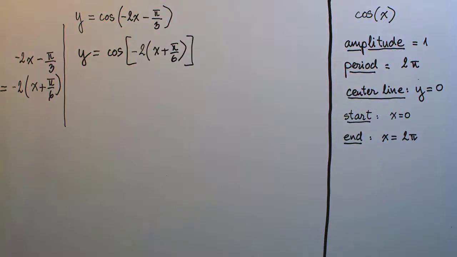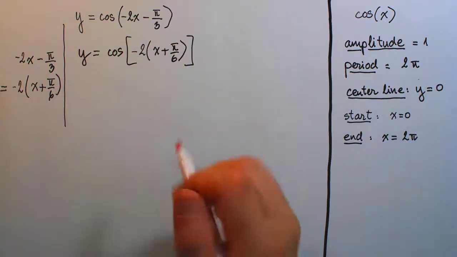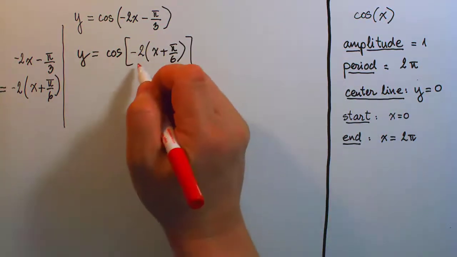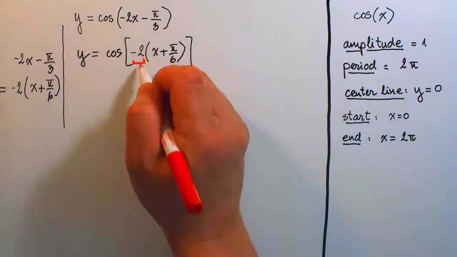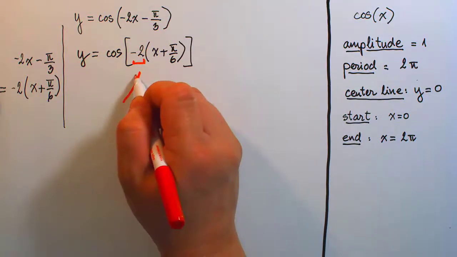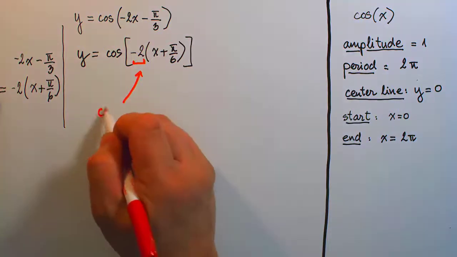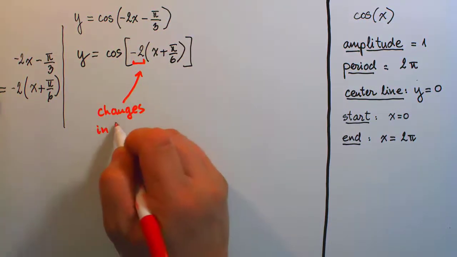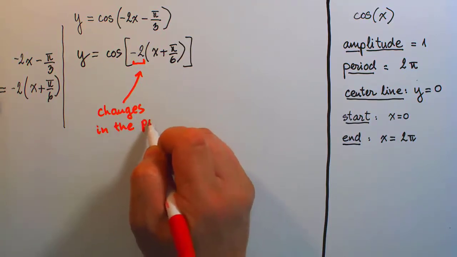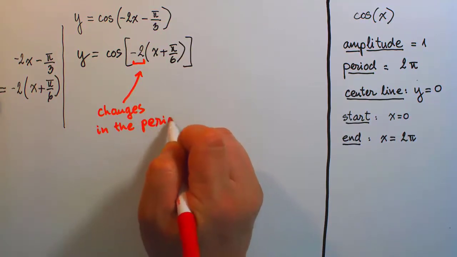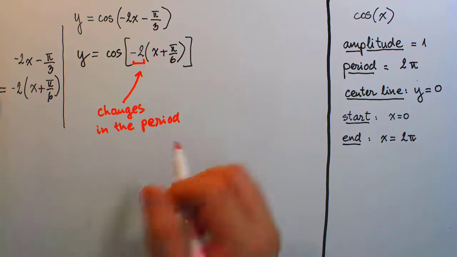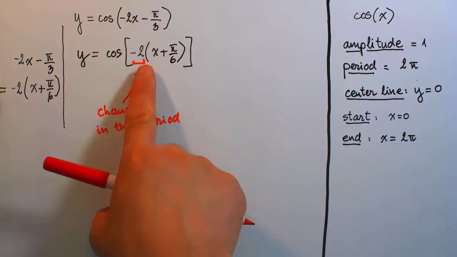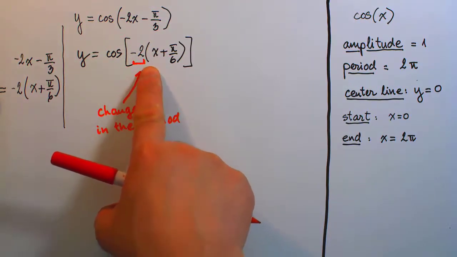Here we're recognizing that this 2 with the negative sign is responsible for the changes in the period, and it could possibly cause some reflection through the x-axis as well.